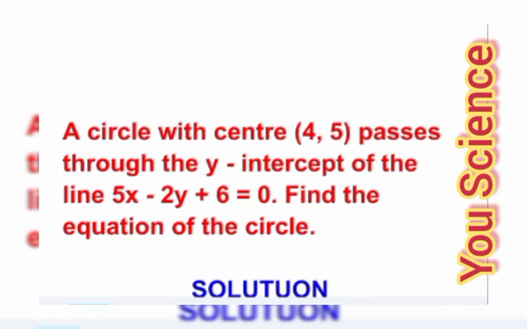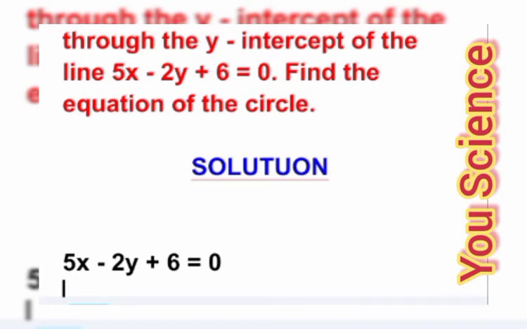So what we have to do first is to find the x and y intercepts and the gradient of the line. Then after doing that, we draw a rough sketch to show the circle. So this is the line 5x minus 2y plus 6 equals 0.